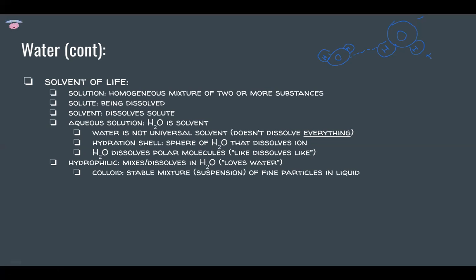It's mainly when large amounts of hydrophilic substances are dissolved in water, and some still get left behind. An example is your blood, because it's not completely dissolved. You still have tiny cells and other particles in your blood. It's a suspension.